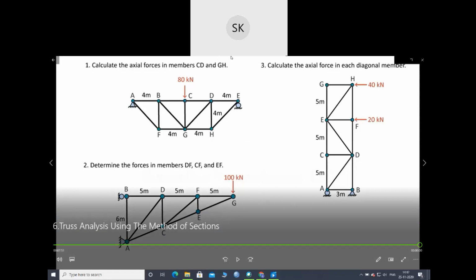Any confusions? So we have revised the method of joints and the method of sections also. Please go through the recordings of the classes. You can write your roll numbers in the chat box.